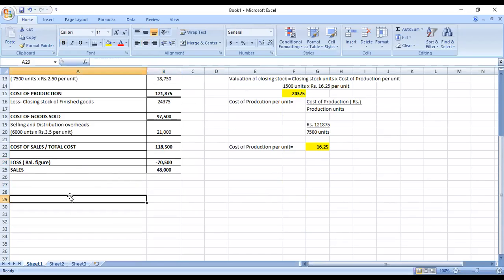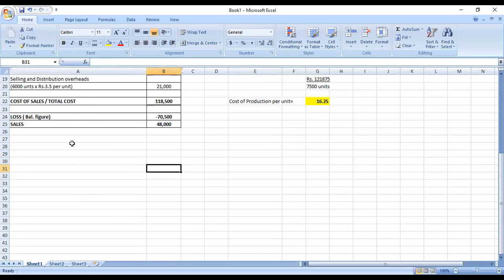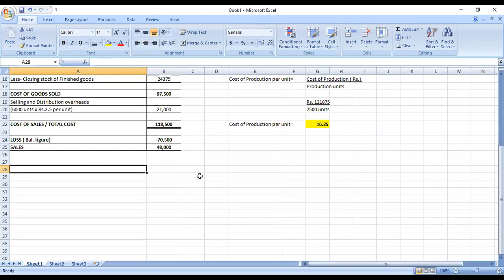Now, students, now we can prepare the statement of reconciliation. So I am preparing the statement of reconciliation now. Statement of reconciliation for the year ended 31st December 2016.